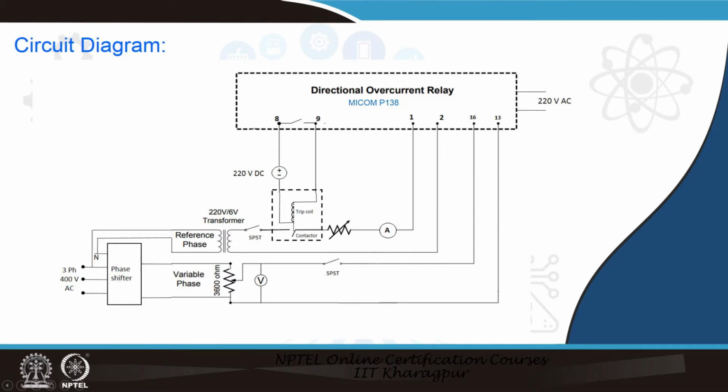In this case, we are showing only one voltage, the phase A voltage input to the relay, and the phase A current. We increase the current to the setting value, and in case of the voltage I go on changing its phase by the phase shifter.